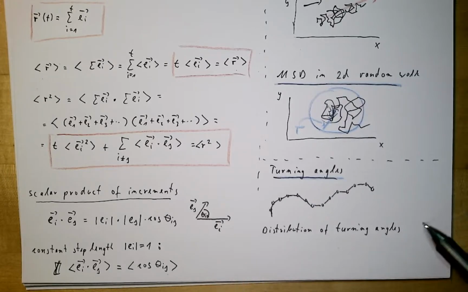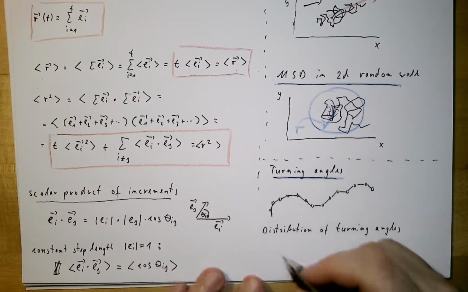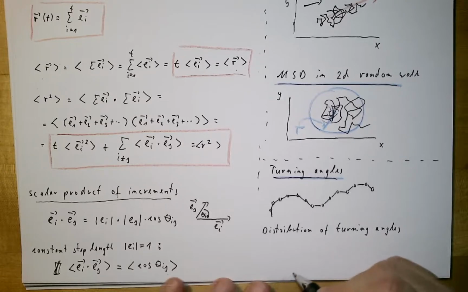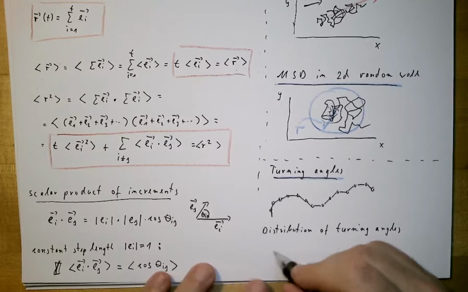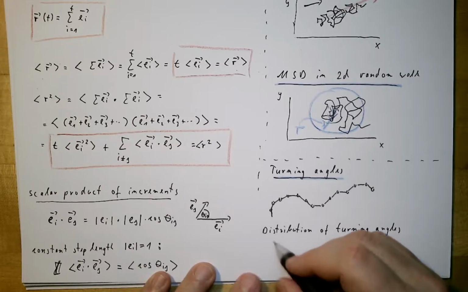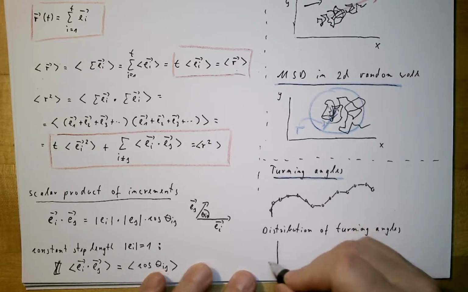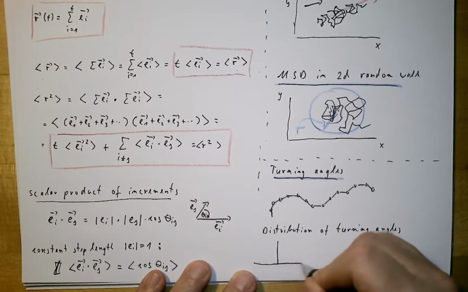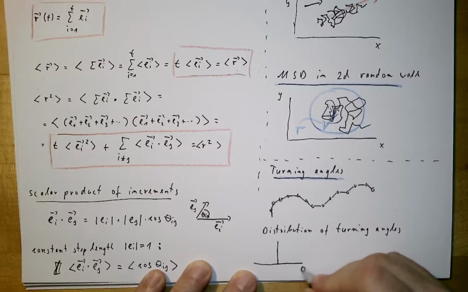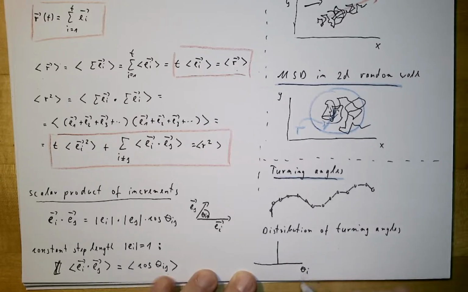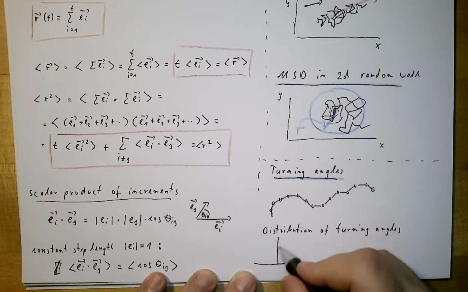Like when you do this, for example, for small cellular organisms, the protozoans, or for larger animals like water fleas, the Daphnia, they have been studied a lot, and here you have the turning angles, and we look for the distribution.